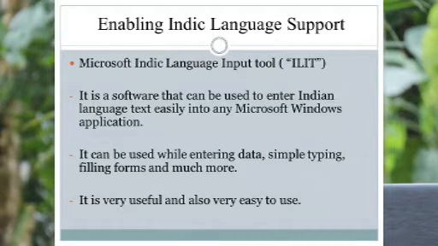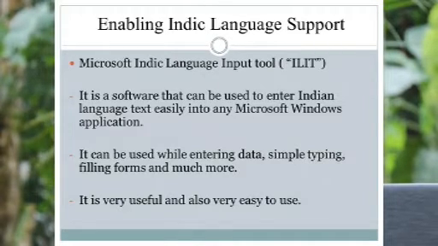So with this we can enter Indian language text easily into any Microsoft Windows application. The primary input mechanism is transliteration. We already identified what transliteration is and the two classifications in transliteration.